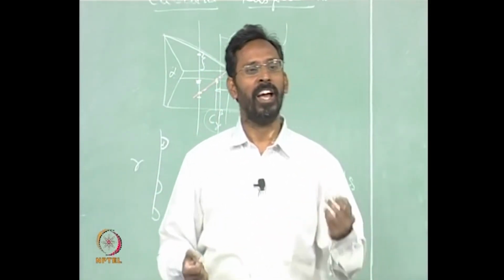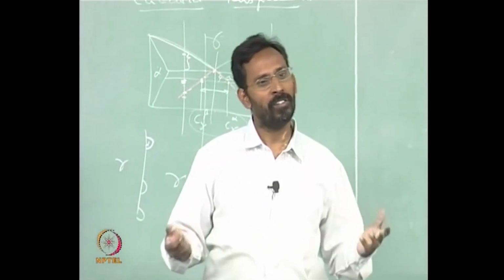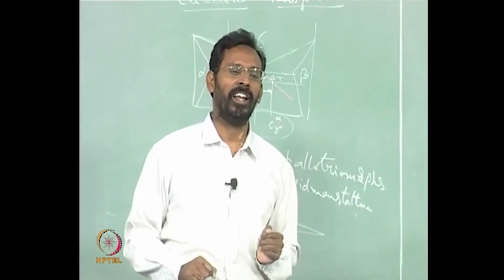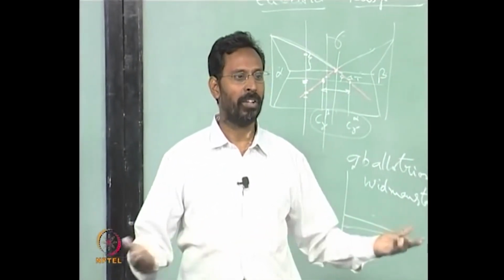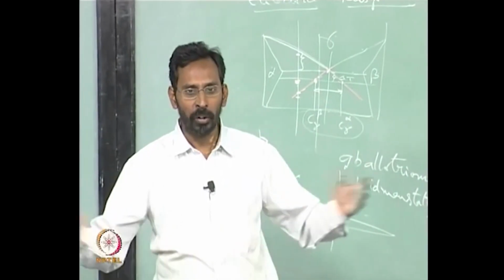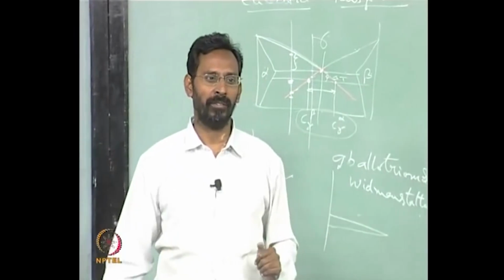For example, the copper silver eutectic will definitely be lamellar, because both are FCC and there are no intermetallics in that phase diagram at all. It is a simple eutectic phase diagram.